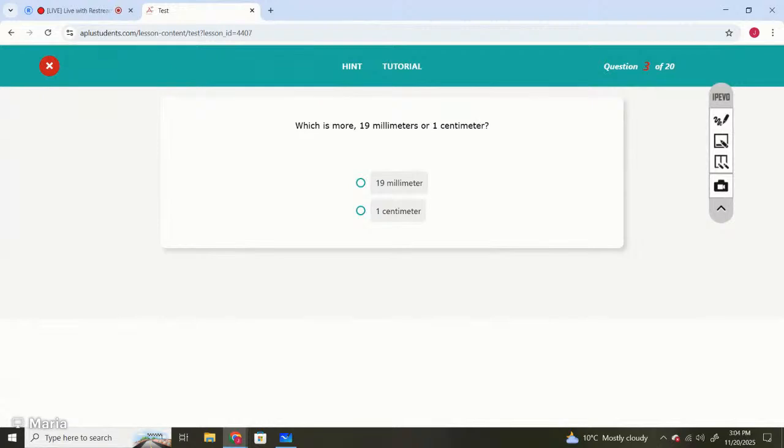Which is more, 19 millimeters or 1 centimeter? 1 centimeter equals 10 millimeters, right?